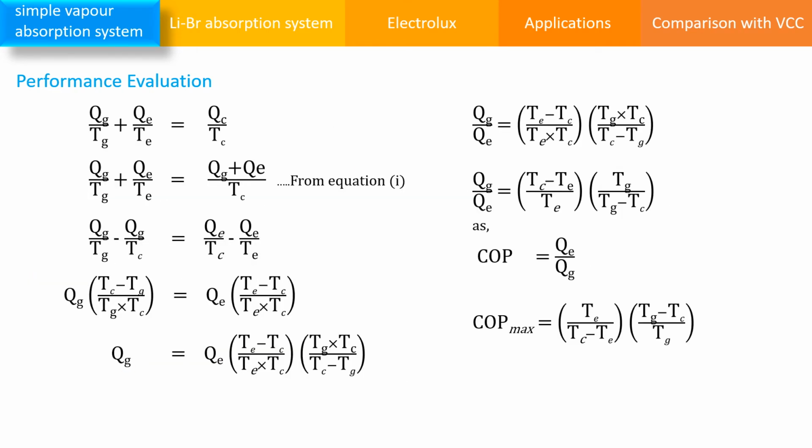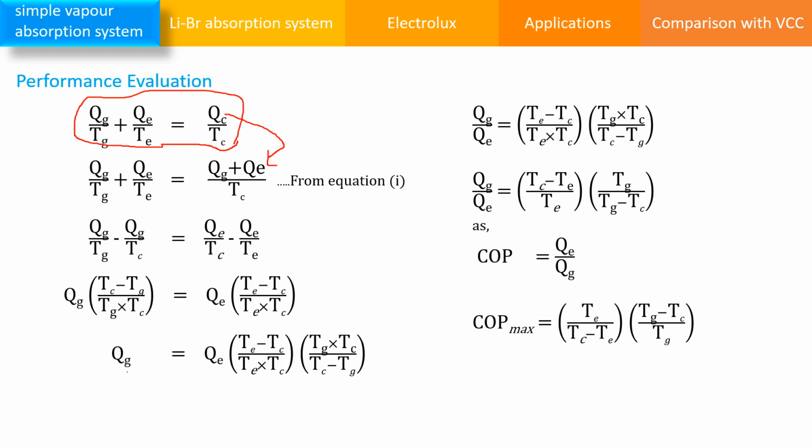So using the equation we have stated before, we will now expand this formula. QC can be written as QE plus QG, which we have already seen by energy balance. Now just rearranging this, TC is given separately.